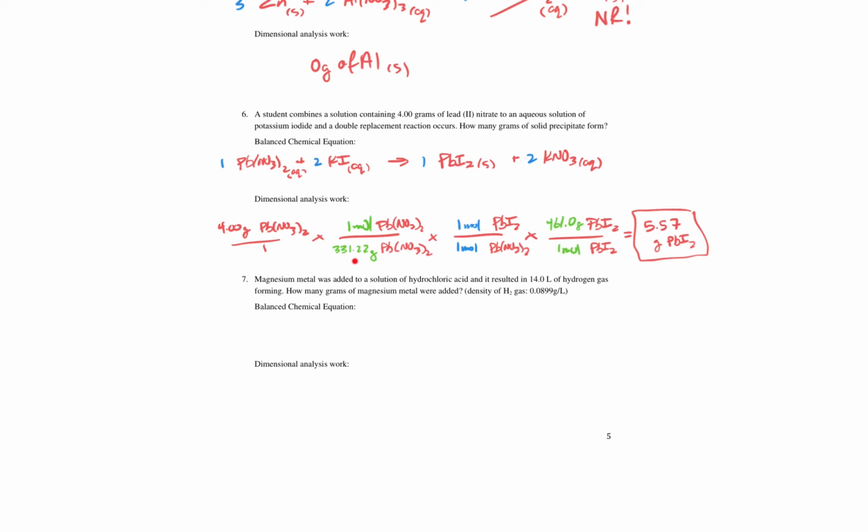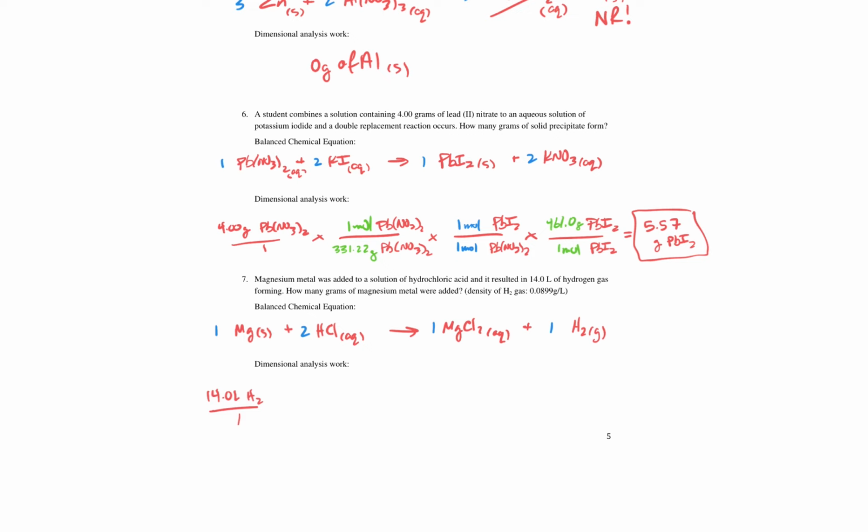We use the molar mass of our lead(II) nitrate to get to moles of lead(II) nitrate. Then we use the mole ratio of 1:1 from the balanced chemical equation to know that it's going to take 1 mole of lead(II) nitrate consumed to produce 1 mole of lead(II) iodide. And then we use the molar mass of lead(II) iodide from the periodic table to find that 5.57 grams of lead(II) iodide would be produced.